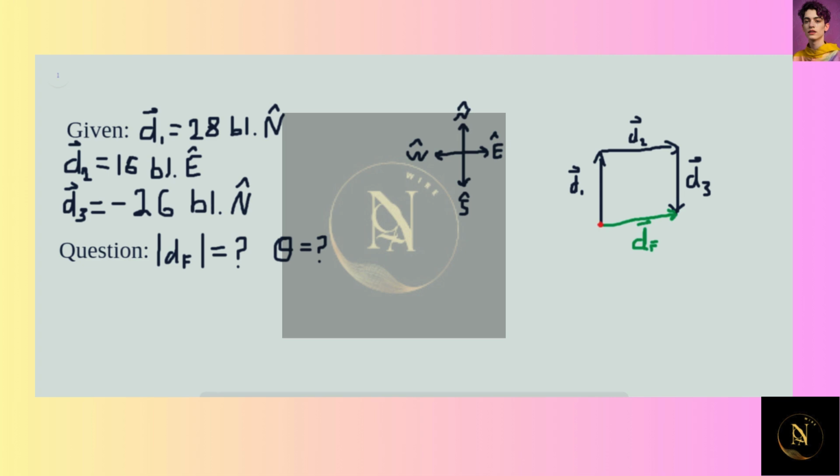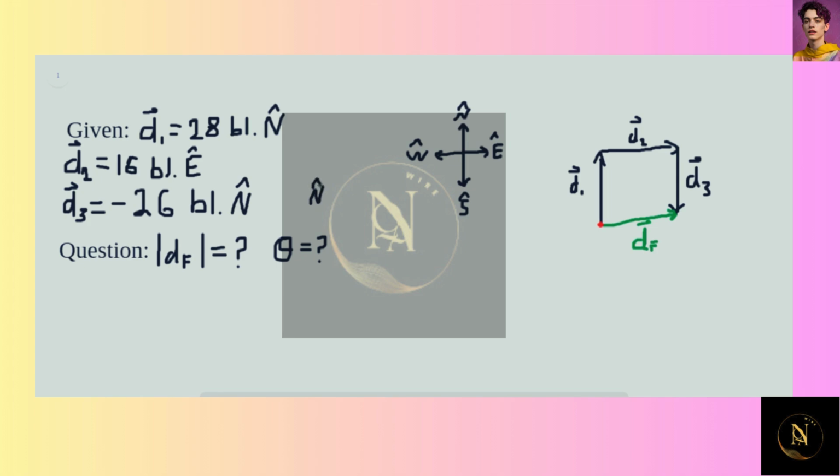So I write down what we're given, which is D sub 1 is 28 blocks north. Block I denote as BL dot, just abbreviation, and then I denote the direction as N hat. D2 is 16 blocks east. And D3, I do a little trickery here, which is going to be useful. I say it's minus 26 blocks north.